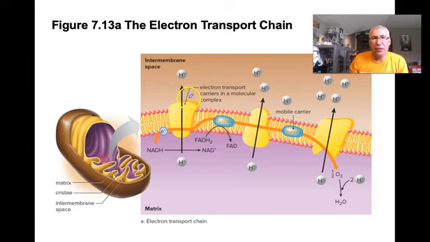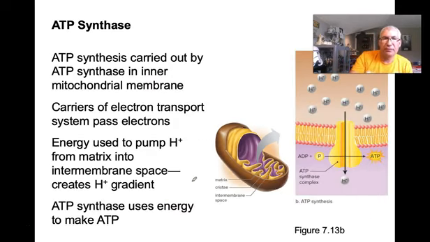These are proteins. And basically, you have NADH and FADH2. They're kind of like a car or carriers of these electrons as they come through the electron transport chain. What happens with all these electrons?